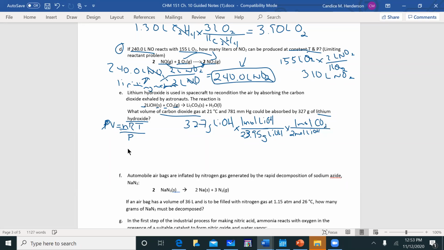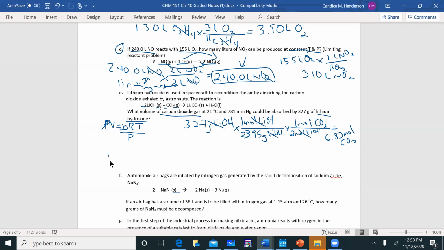Now, in this equation of PV equals nRT, my amount is in moles. So I don't need to go back into grams. I don't need grams of CO2. I can actually just stop here and figure out my moles of CO2. So when plugging this in, I end up with 6.83 moles of CO2.